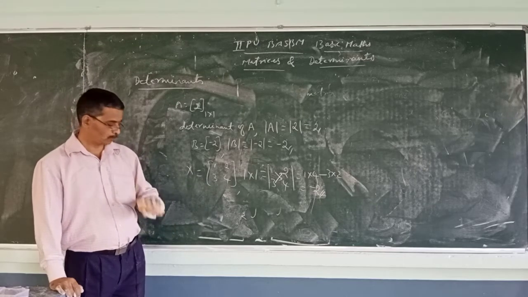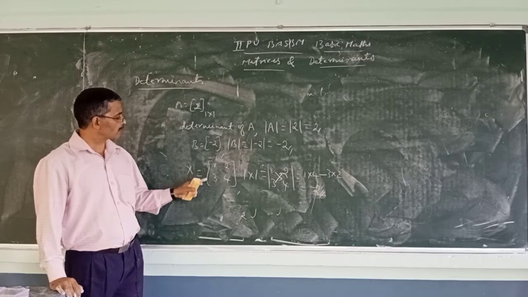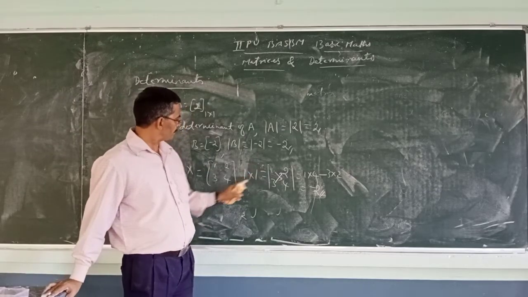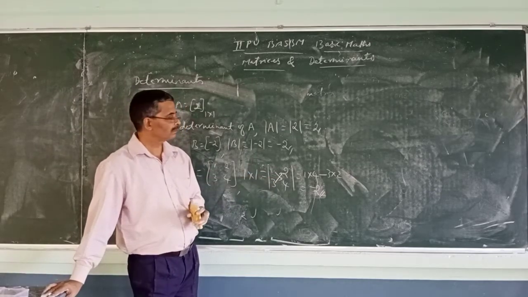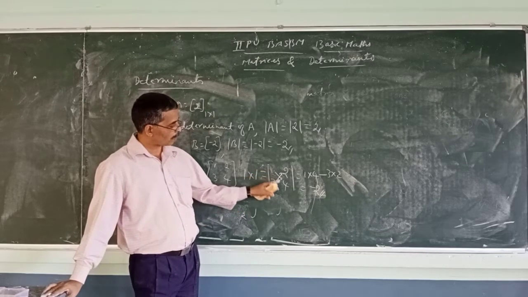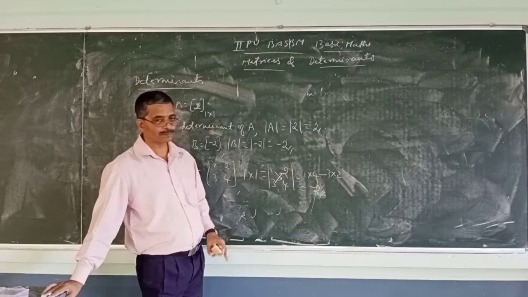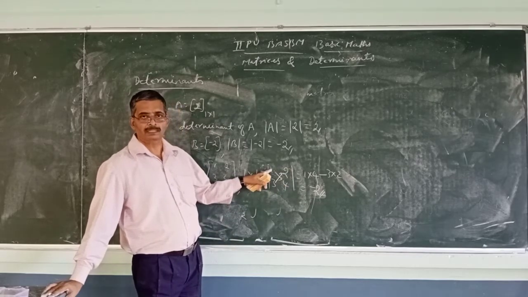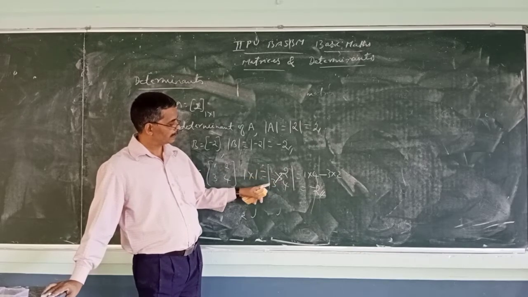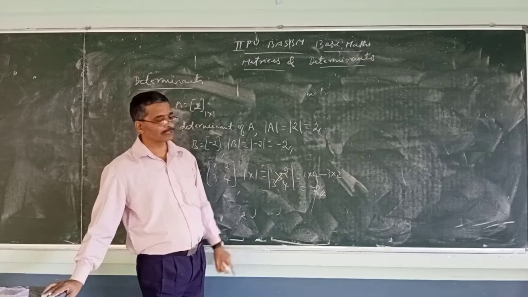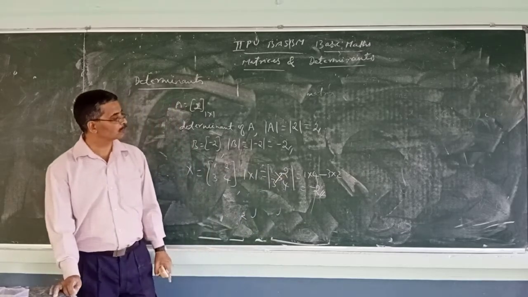So the determinant of X is calculated by taking the leftmost corner diagonal, 1 into 4, minus 3 into 2, which is nothing but minus 2.